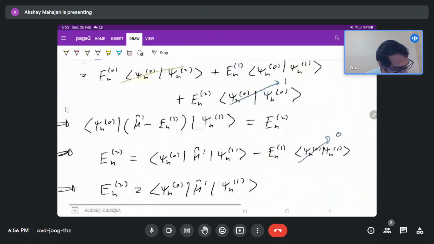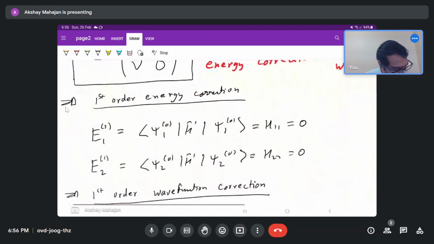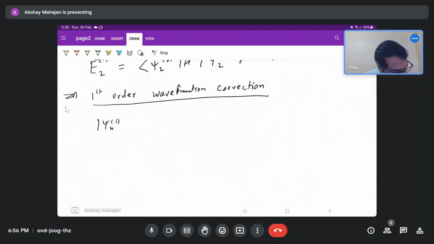Psi of the first order correction. Let me write the general formula once.